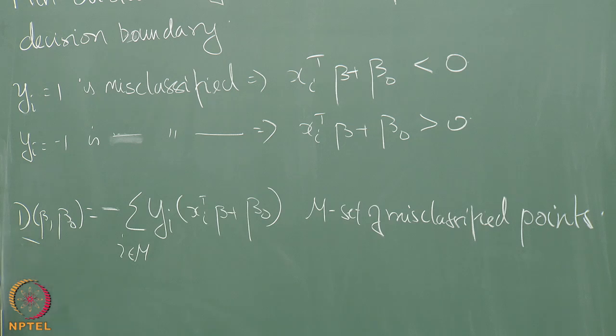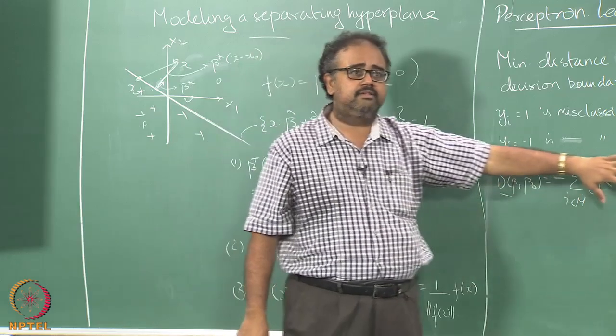So D is sometimes called the perceptron criterion, right, or the perceptron objective function, okay, right. Does it make sense what we are trying to do here?